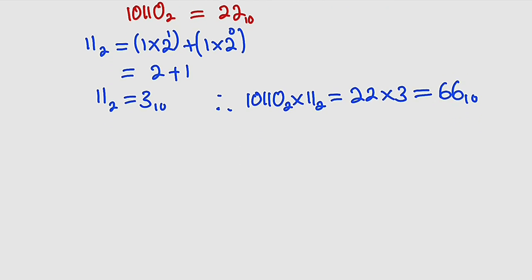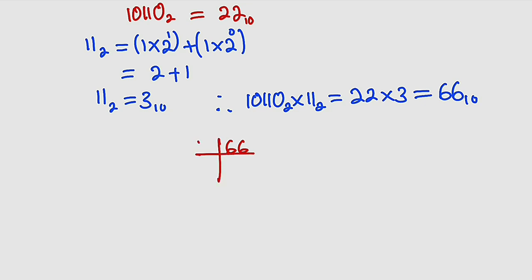So how do we do that? We are going to perform a successive division of this number 66 by 2. So we have 66 down here, then we have 2 at the back. How many times can 2 divide 66? It's 33 times without remainder.